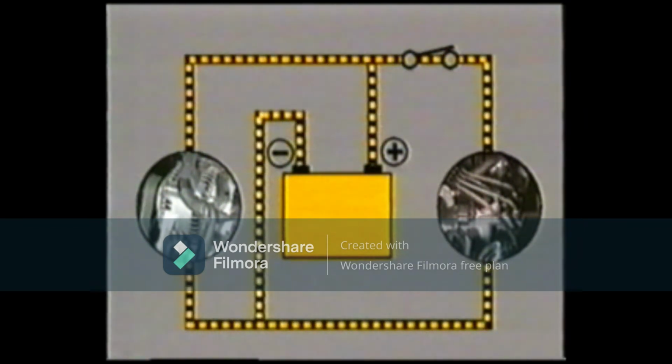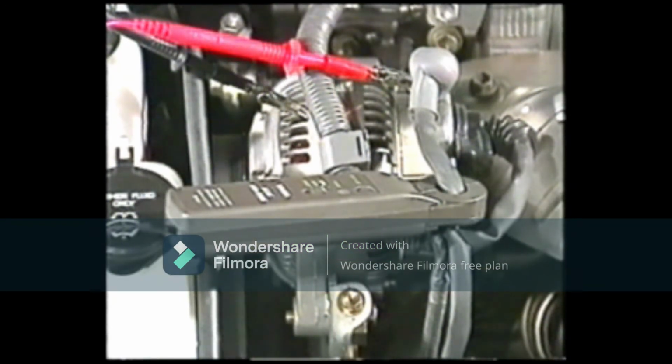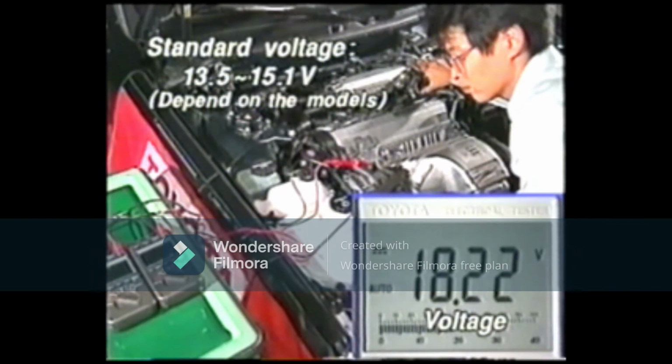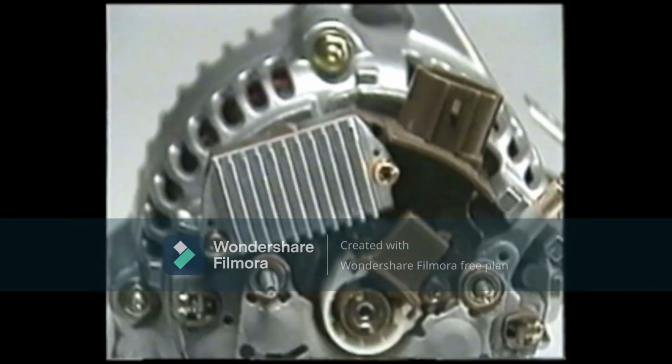This in turn is due to a malfunctioning regulator, which allows too much current to flow to the rotor coil. You can also check for this by carrying out a no-load test. In this test, if the generated voltage is higher than the standard, recheck after replacing the regulator.